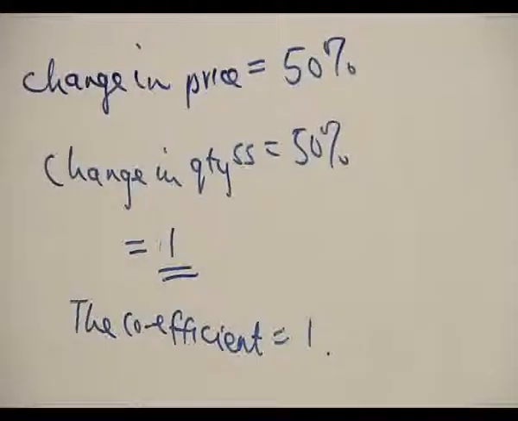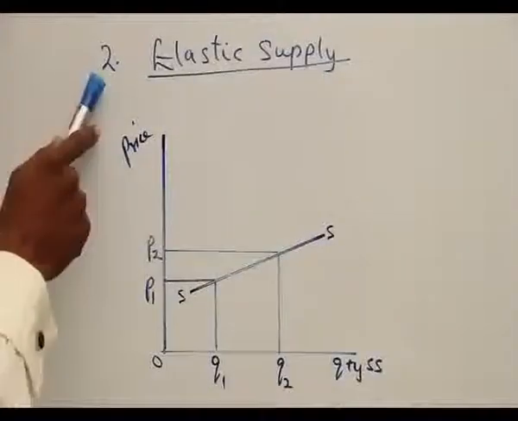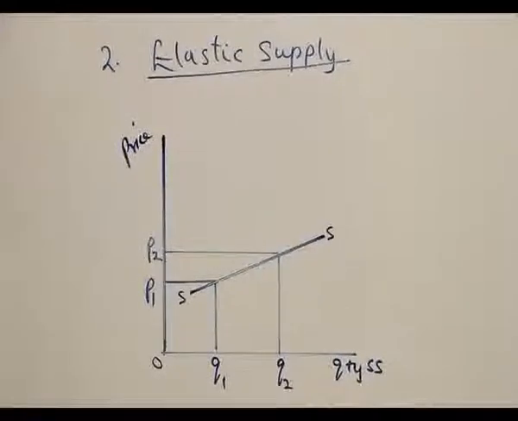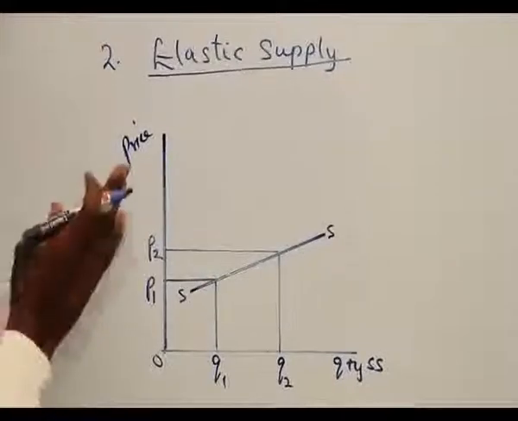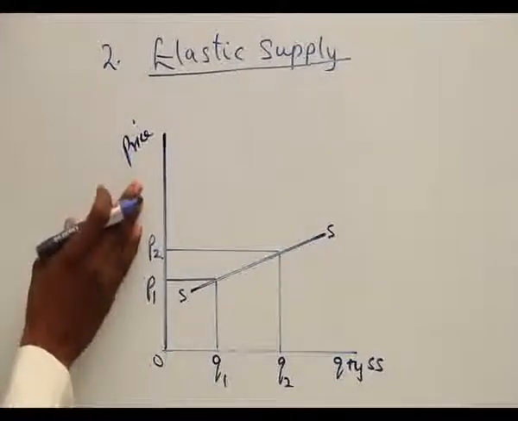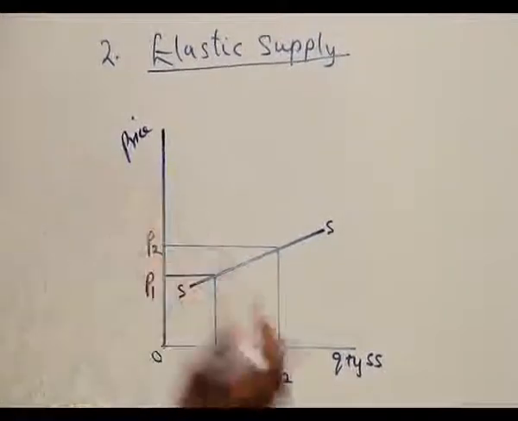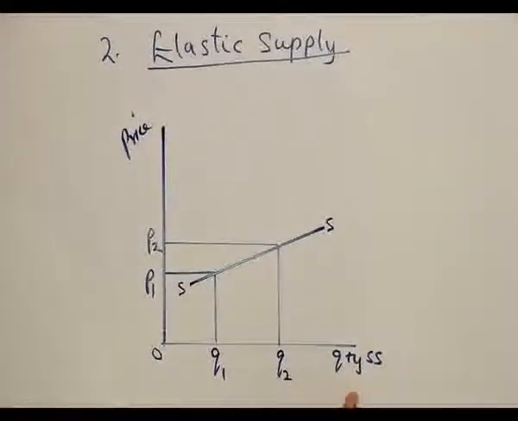Number 2, elastic supply. Elastic supply is another type of price elasticity of supply. And what are we talking about here? In price elasticity of supply, we have two variables: price of the commodity and quantity supplied of the commodity.